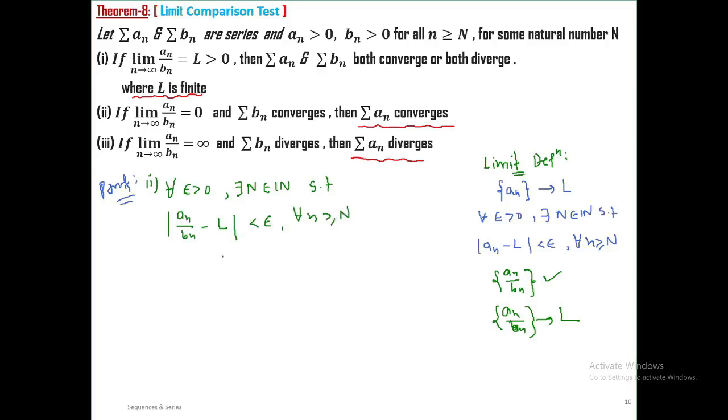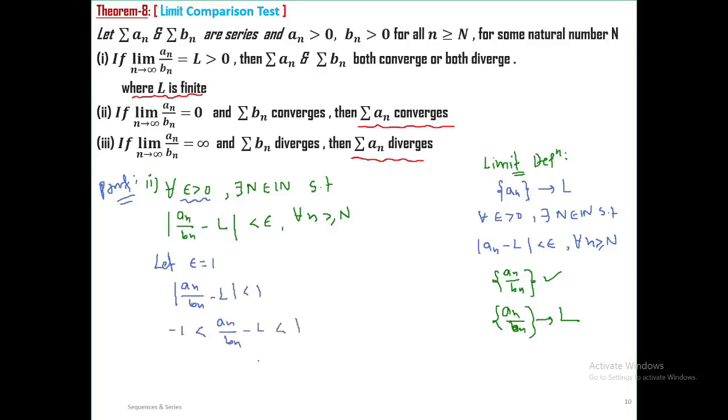Now the statement is true for all epsilon greater than 0. Then for simplicity, let epsilon be 1, or whatever you take, your wish, because it is true for all epsilon greater than 0. So for simplicity let epsilon be 1. Then the statement is modulus of an by bn minus L is less than 1. Then minus 1 less than an by bn minus L less than 1.